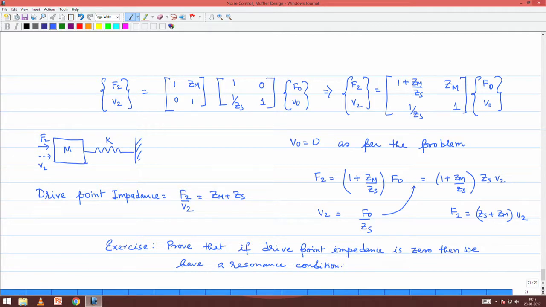Exactly what we did for the circuit analogy. You just have to write the expressions for Zm and Zs in their entirety and multiply out those two terms, and then again Zm plus Zs basically is what we have written. So, it is almost a trivial exercise, you could as well do it by yourself.